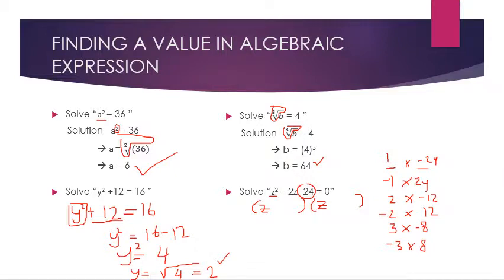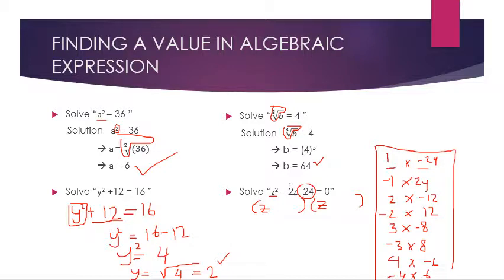It can be 4 multiplied by minus 6, or it can be minus 4 multiplied by 6. Yeah, these are all the possible multiplications of minus 24.